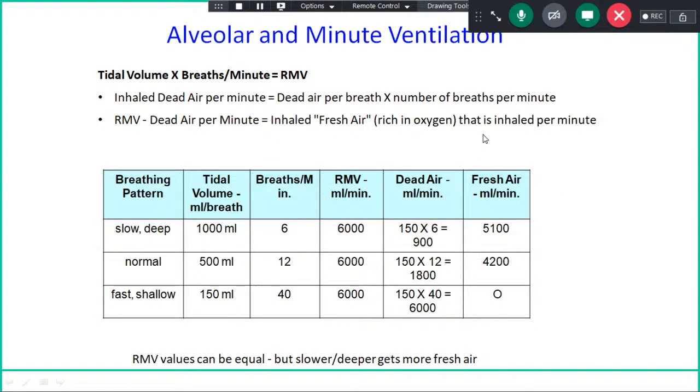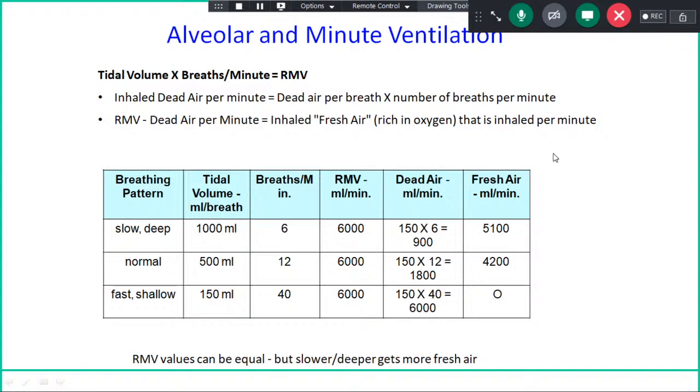So the concept to be taken in is that there is some amount of alveolar air, not some, 2 to 3 liters, and that gets diluted by the fresh air we take in, and there is some amount of fresh air which remains in the conducting airways, and this principle will be used for the estimation of the anatomical dead space. In the next few slides we will see.